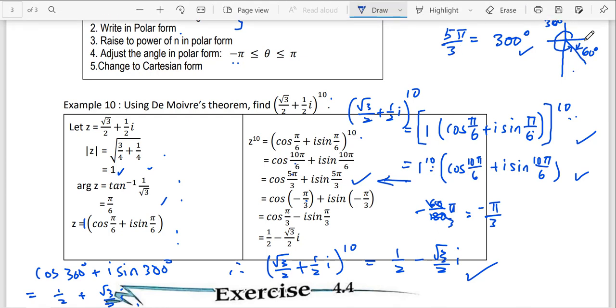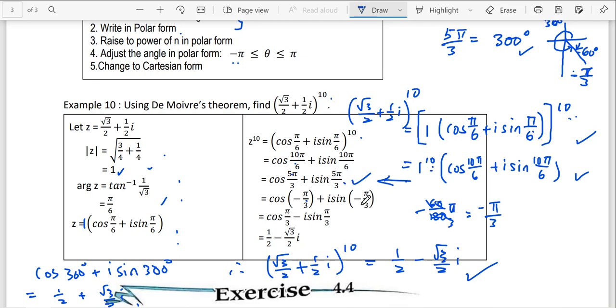In the fourth quadrant, the other part, negative, is negative 60. 60 degrees equals pi over 3. So because negative, you put negative pi over 3. So this 5 pi over 3, you change it to negative pi over 3.